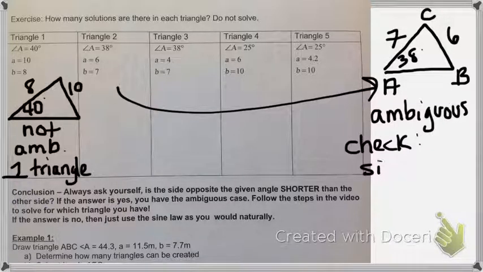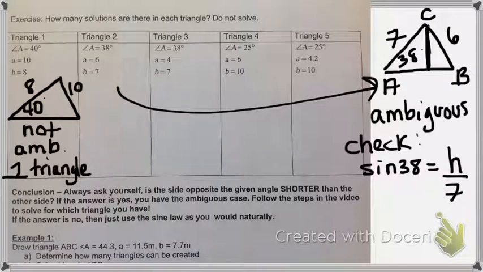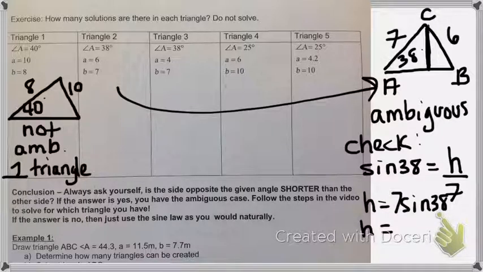The sine of 38 is going to equal whatever the height of the triangle is here. So I can draw a height down like this. We'll label that H over the other side, over 7. H is going to equal 7 times the sine of 38. Let's solve for H. Sine of 38 times 7.